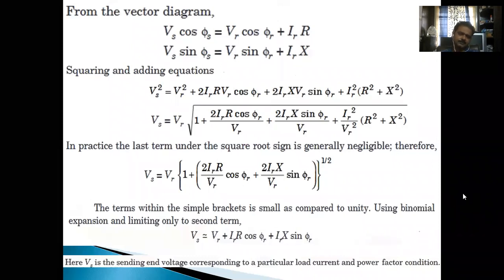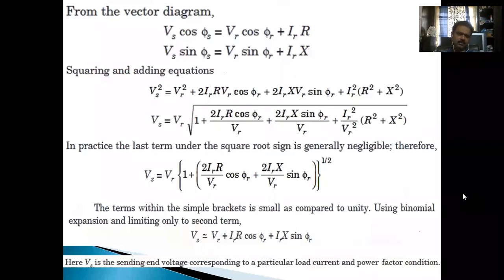Here Vs is the sending end voltage corresponding to a particular load current and power factor condition. Power factor conditions means it may be a unity power factor or a leading power factor. Here what we have assumed is lagging power factor, that's why you have obtained these values. We can also consider leading power factor and unity power factor.